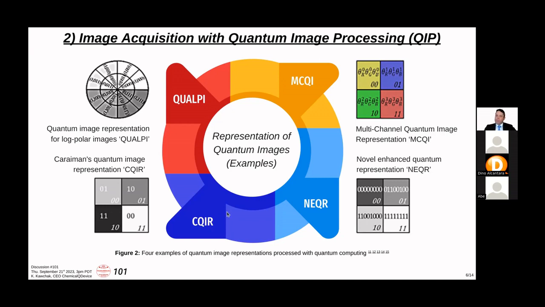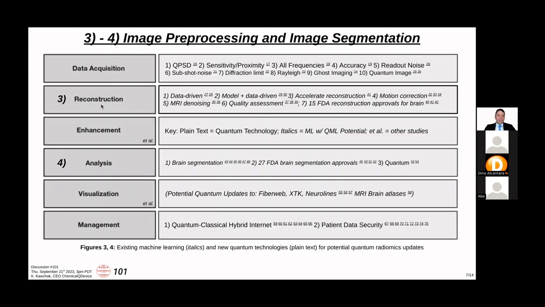Keep in mind that these 1 through 8 that I'm going through are likely not all going to be direct replacements for classical, and over the course of time probably not either. But there are certain ones that will pop up, and this is done with quantum computing more so than quantum machine learning, that might be a future standard to work with, with quantum data and representation of quantum images. And then this 3 through 4 is reconstruction and analysis.